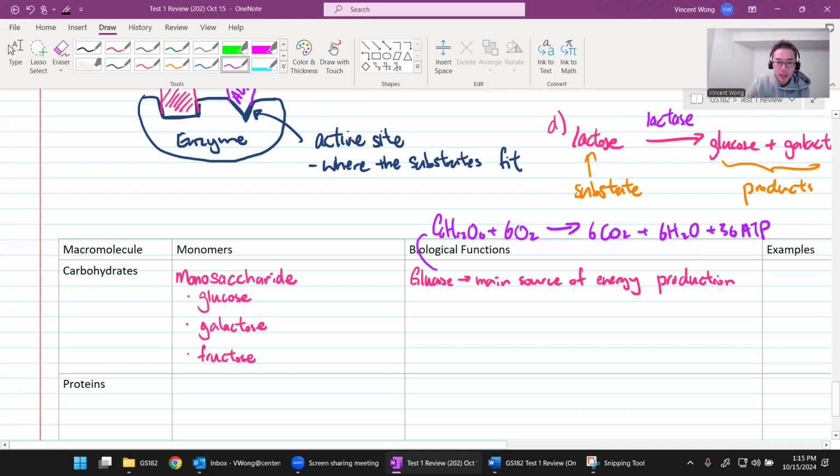Okay, so that's the glucose, main source of energy. In addition to being a source of energy, we can also store them as energy, right? So we have glycogen and starch. These are for energy storage.